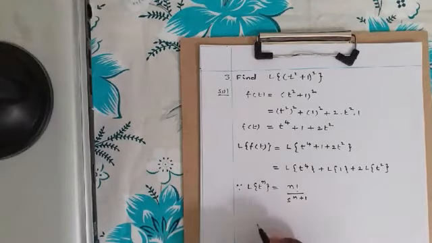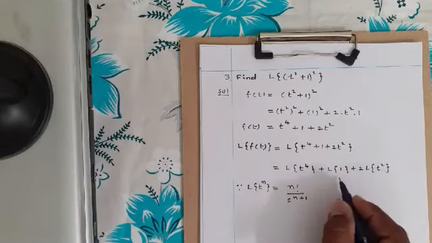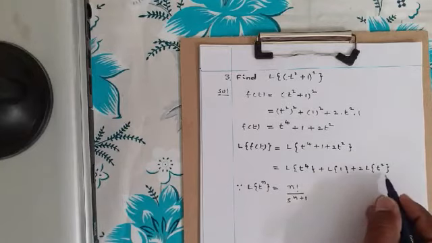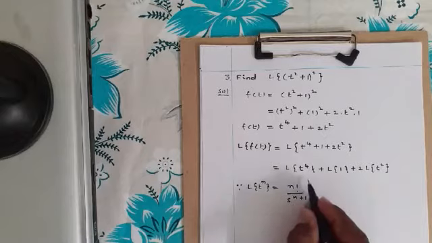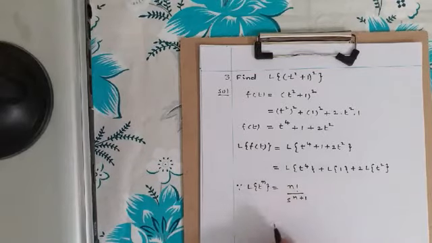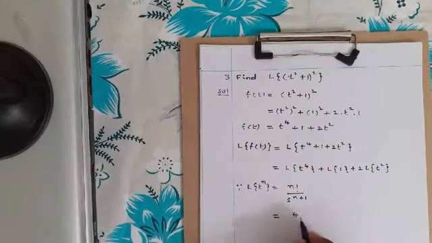So now by using this formula we can apply here. This is L of t power n, this is L of 1, and this is 2 into L of t power n. For the first term, n is 4, so I can write 4 factorial upon s power 4 plus 1.